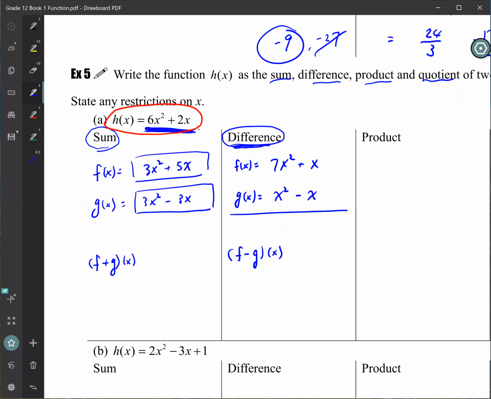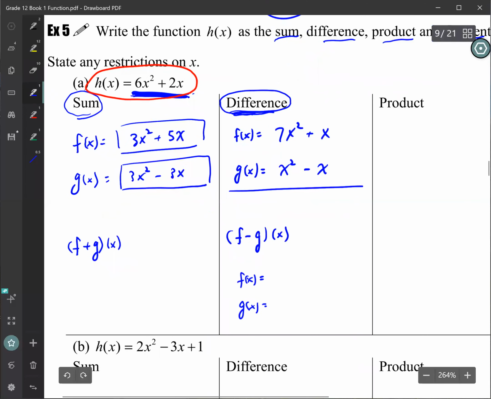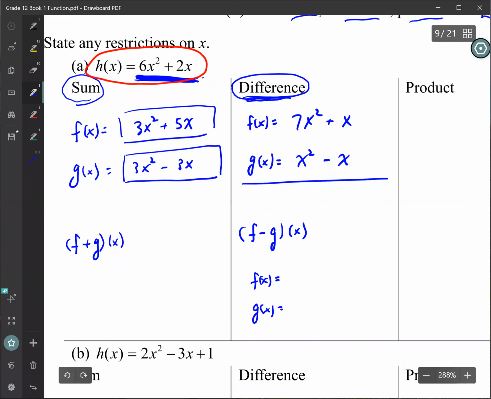All right, Cindy, have you found one? What's your f and g? Cindy? 8x squared plus x. Okay, and the other one? 2x squared minus x.